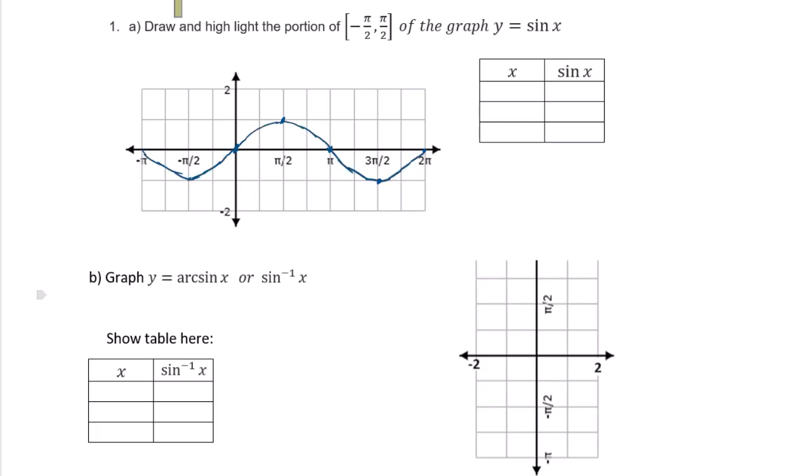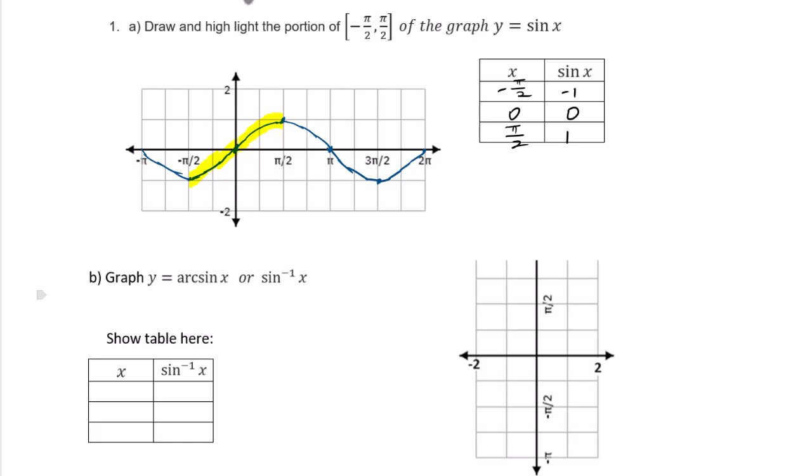Let's highlight. Let's fill out this table. Negative pi over 2, sine x equals negative 1; 0, 0; pi over 2, 1.